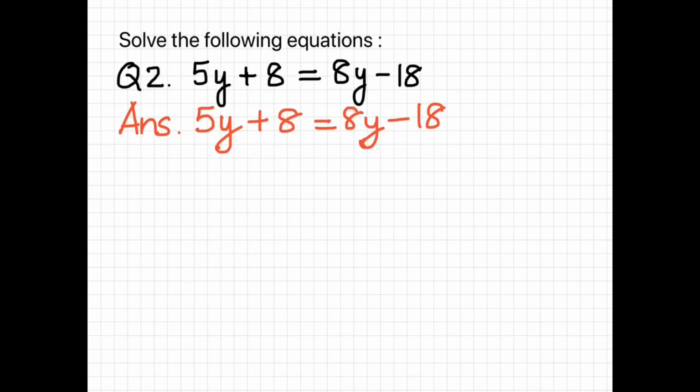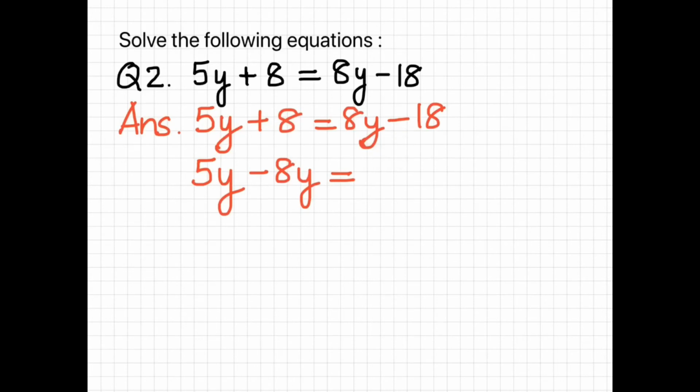We get 5y, plus 8y when transposed becomes minus 8y on the left hand side. Minus 8y equal to, now we are going to transpose plus 8 to the right hand side.